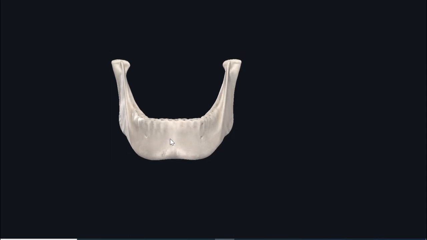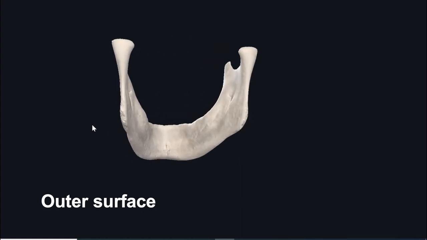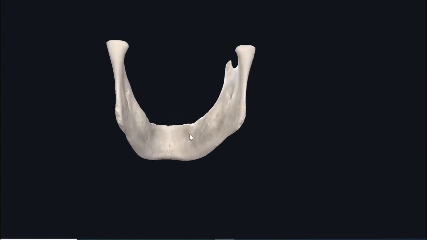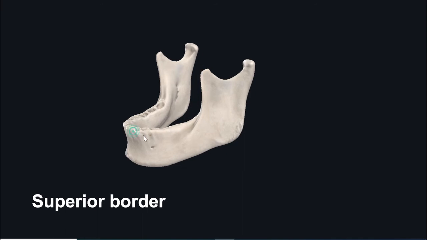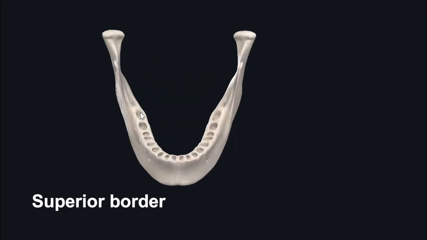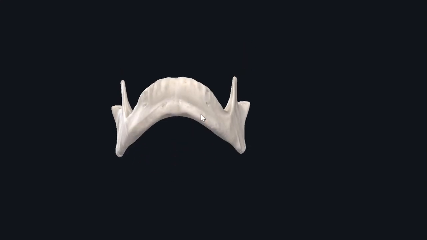Talking about the body, this is the outer surface. If I check posteriorly, this is the inner surface of the body, and it has two borders. This is the superior border, where there are sockets for the teeth superiorly, and this is the inferior border.